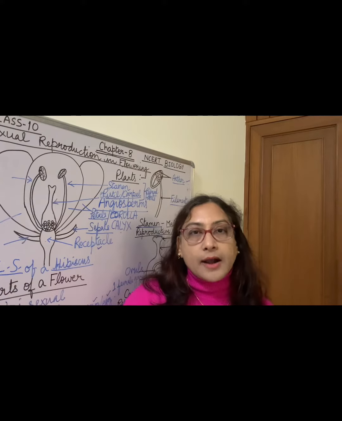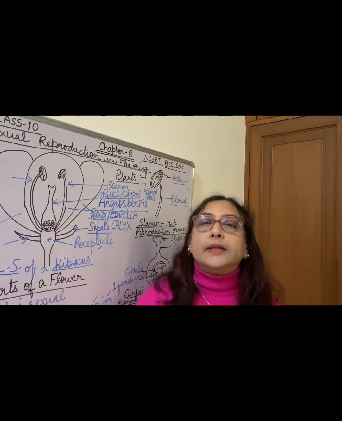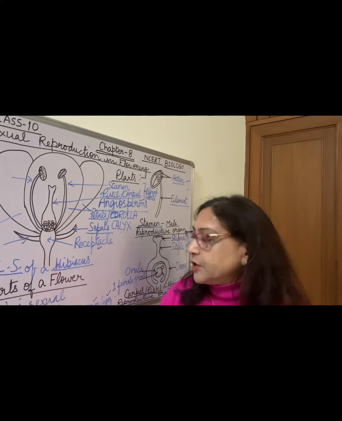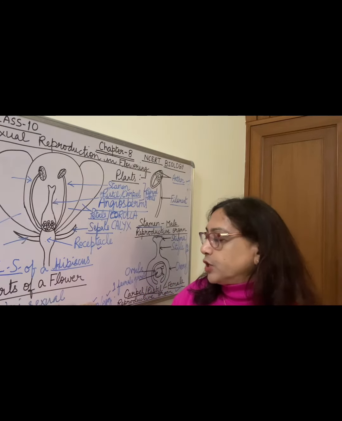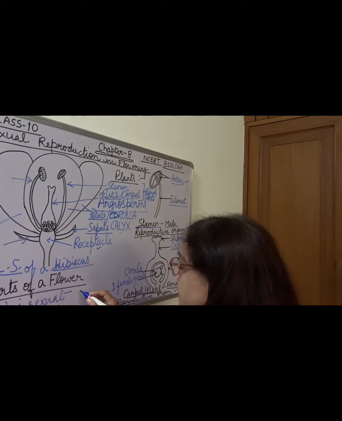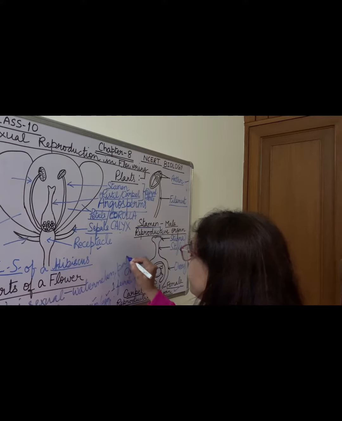So the flowers which contain just one sex organ, that is either the male or the female, that is either the stamen or the pistil, such flowers are known as unisexual flowers. And the examples of unisexual flowers are, for example, watermelon and papaya.